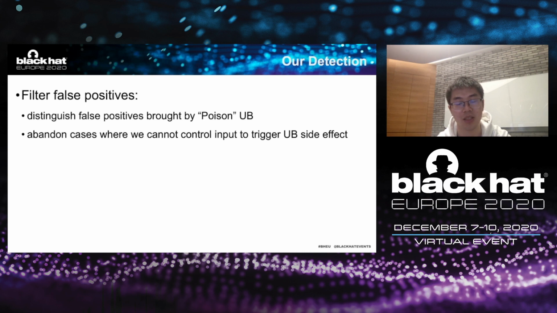We can automatically filter false positives brought by present undefined behavior and select the cases where we can control input to trigger the undefined behavior set effect. Then, most of the output should be the true undefined behavior we anticipate.